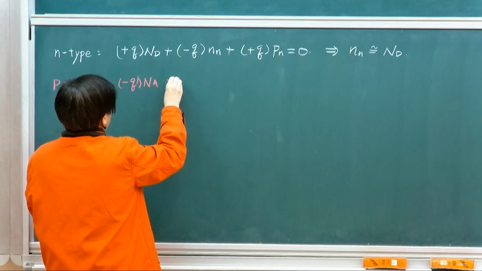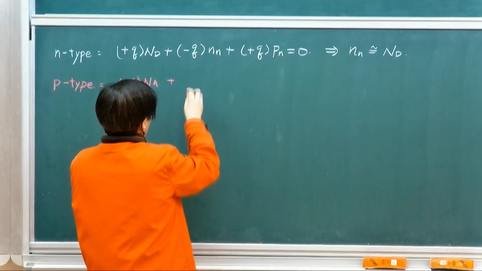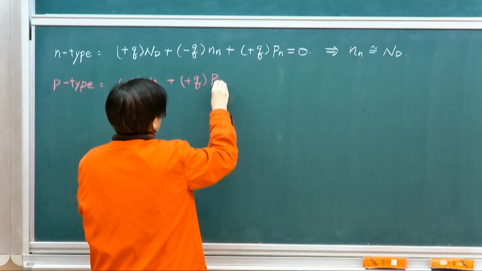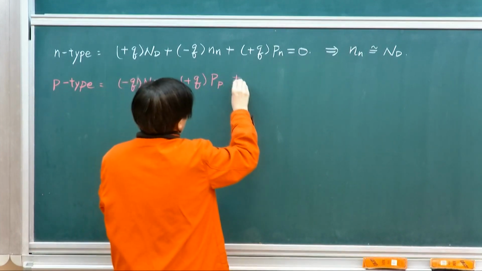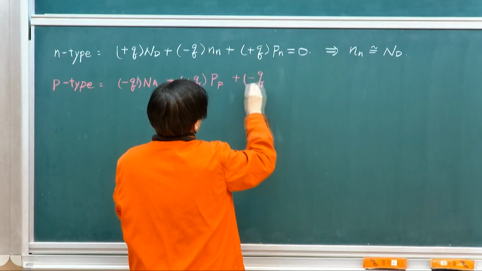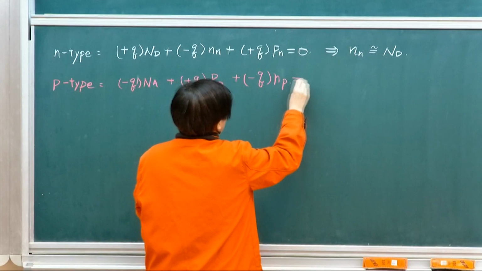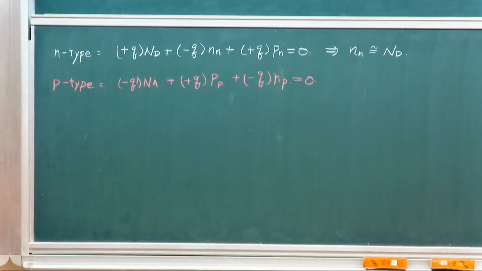And Na minus, plus positive charge holes, Pp, plus negative charge Np, equals 0. So charge neutral means that you count all the positive charge and all the negative charge, and the net should be 0.